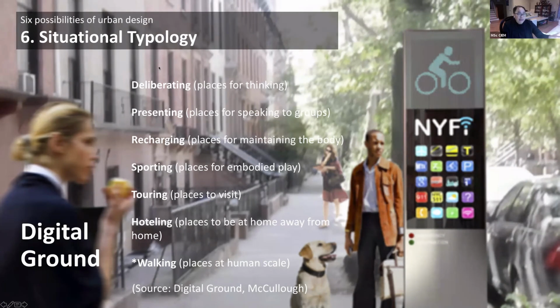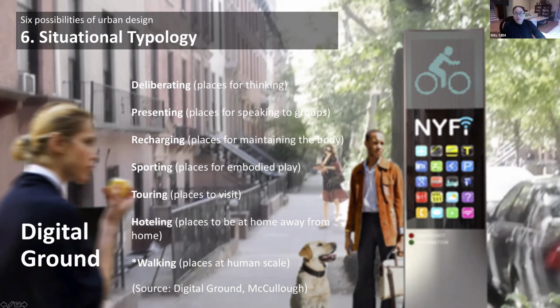That is 20th century land use typology. We look at a new way of defining spatial typology with time dimension. We go deliberating, presenting, recharging, sporting, touring, hoteling, walking, and so on. So this is a very inspiring idea: how do we redefine typology with space and time, right?